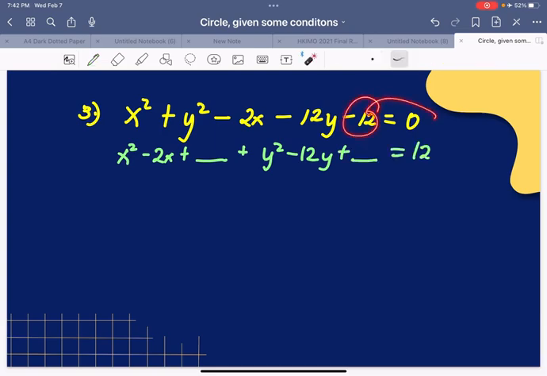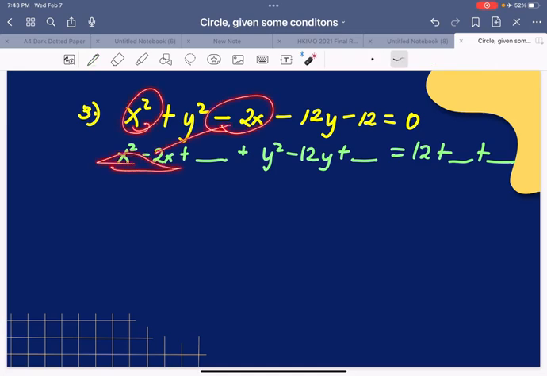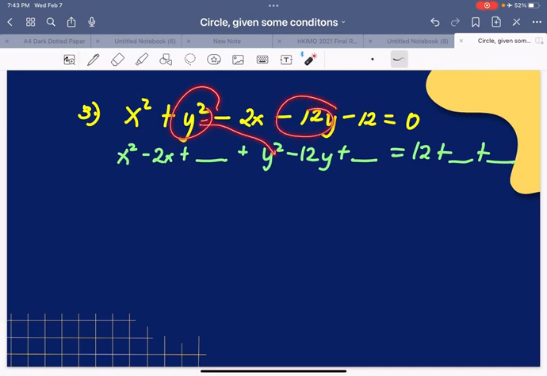So, negative 12 transposed, it will become positive 12. So, plus blank, plus blank. Okay, so we have here x squared minus 2x, then y squared minus 12y, then equals to 12. So, let's make this a perfect square trinomial.